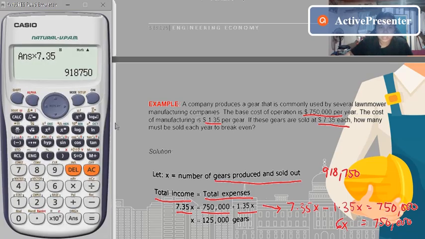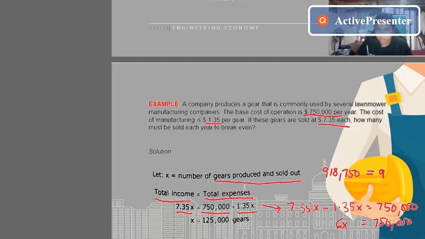For our total expenses, we have 750,000 plus 125,000, our x, multiplied by 1.35. So the answer is 918,750. Therefore, we see that our total income is equal to our total expenses.